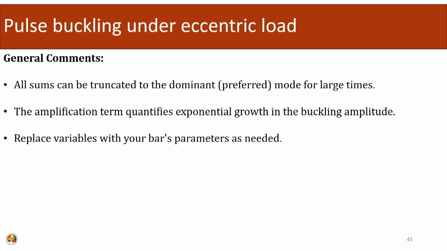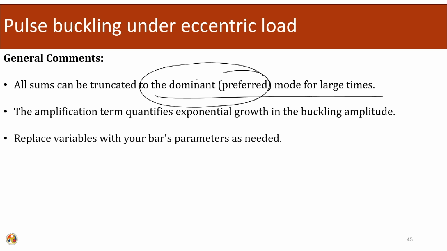So, all sums can be truncated to the dominant preferred mode for large time. As the time becomes large, the dominating mode comes into the picture, and all the modes will be near this dominant or preferred mode. The amplification term quantifies exponential growth. So, the amplification term is marking the exponential growth in the buckling amplitude.